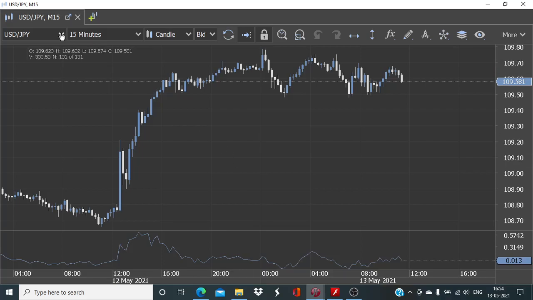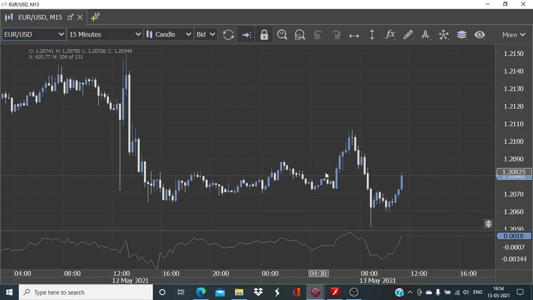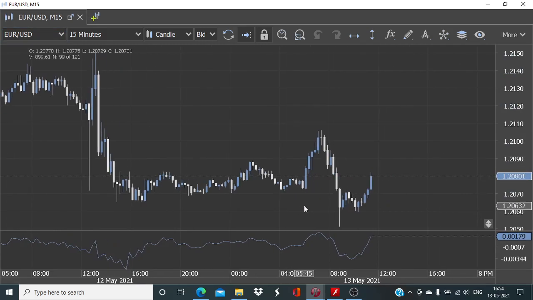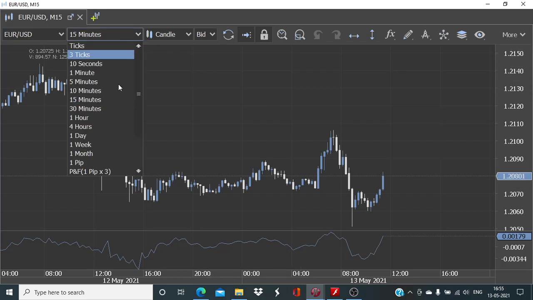This is the USD chart, which I will change to Euro USD. So this is the Euro USD chart, and as you can see, we are trading with increased volatility after yesterday's inflation data, and even during such volatile times, we can rely on our momentum indicator algorithm to safely find us the profitable trade.